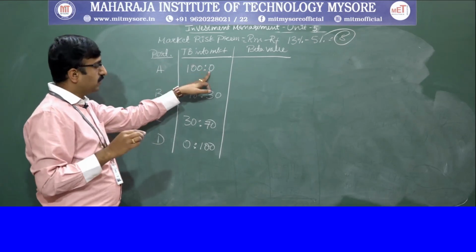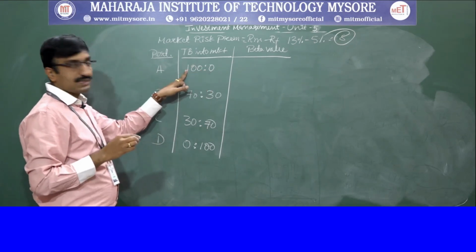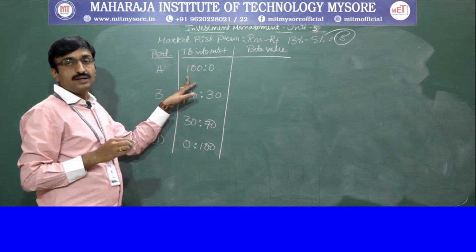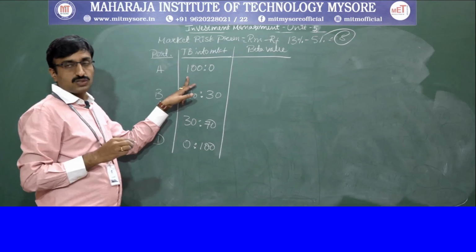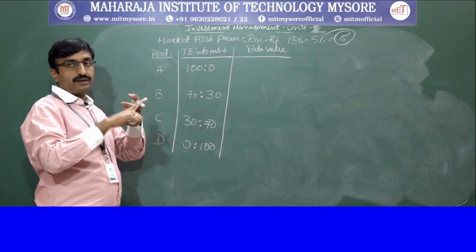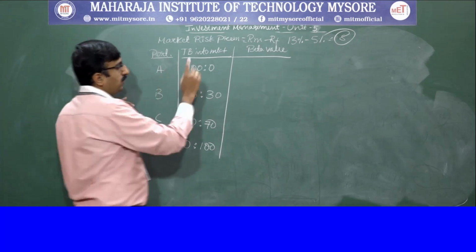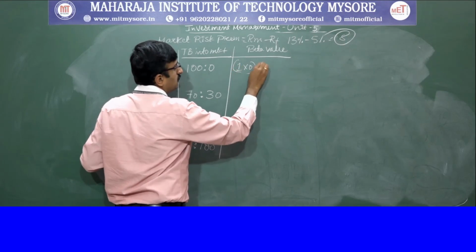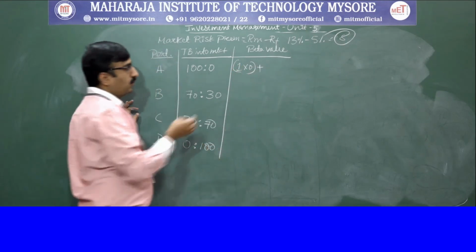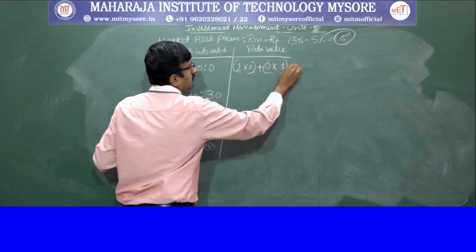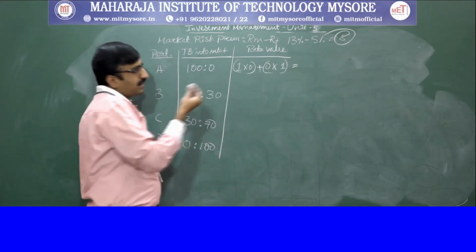So we have a minimum of 0 and a maximum of 1. Taking the combination, 1 into 0 plus 0 into 1, how much will you get? You will get 0.